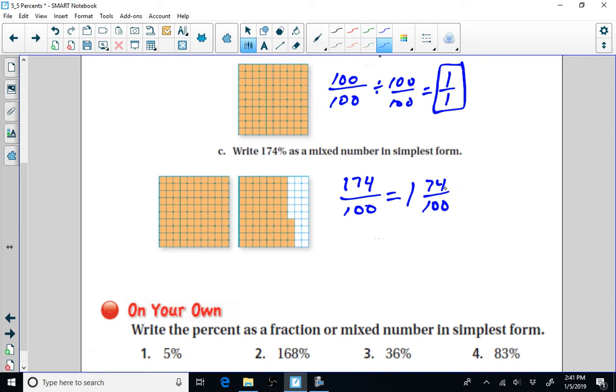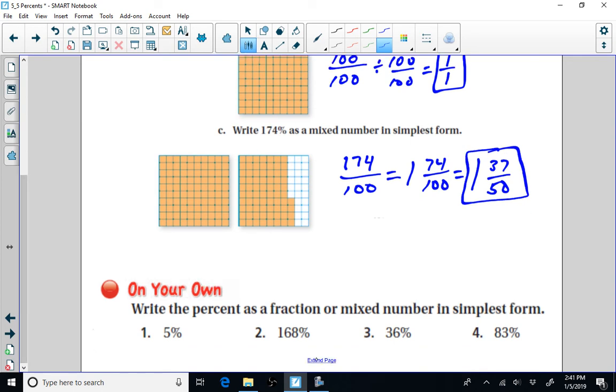Well, I see that 74 and 100 are both even, so I can divide by 2 over 2. So that's going to be 1 and, let's see, half of 74 would be what, 37? And half of 100 would be 50. So 1 and 37 over 50 would be a fraction or mixed number in simplest form.